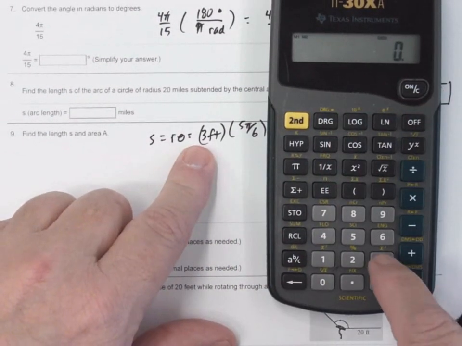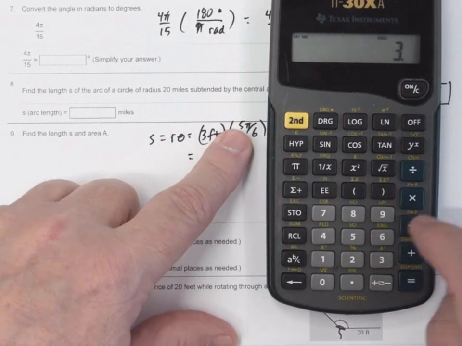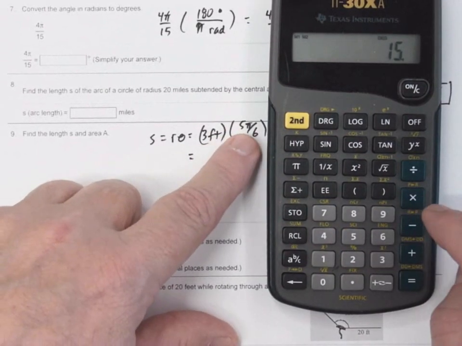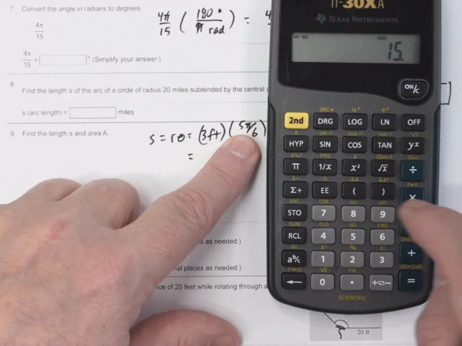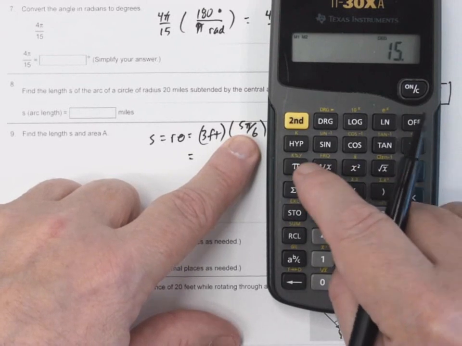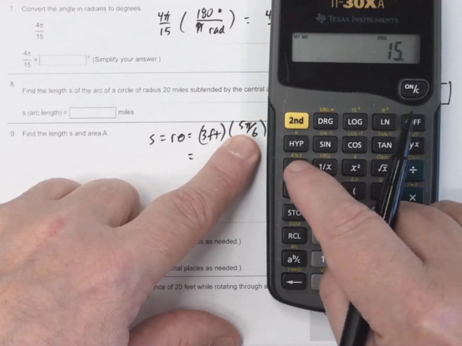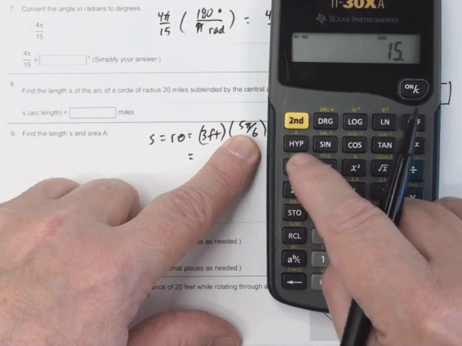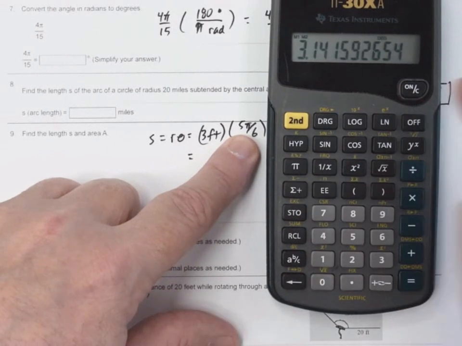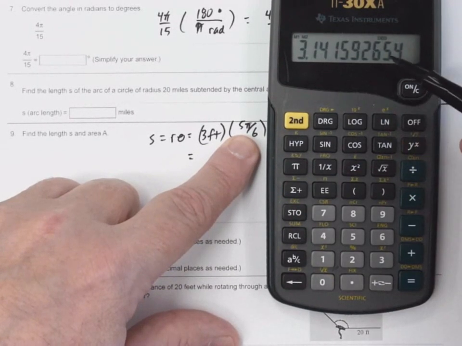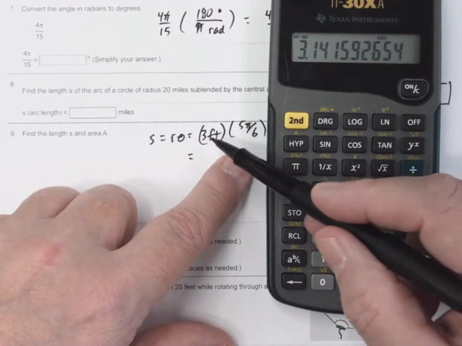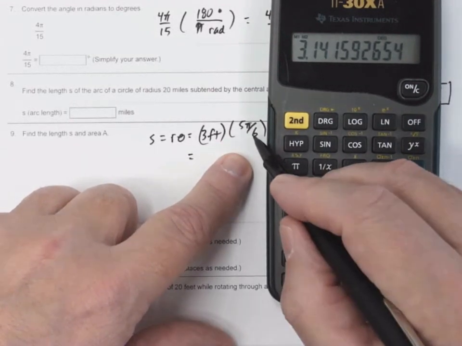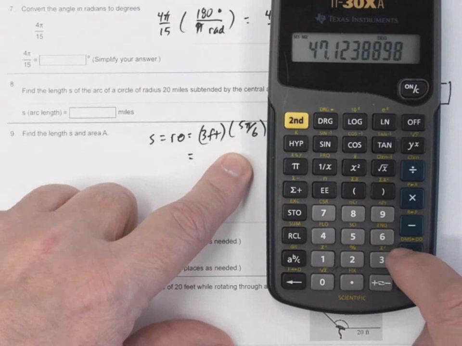So it's going to be 3 times 5 times pi. Now I have a pi key on my calculator. Hopefully you do too, because you need to type in the actual value for pi, because look at what pi is. It's a whole bunch of digits. So that's 3 times 5 times pi. Then I have to divide all that by 6.